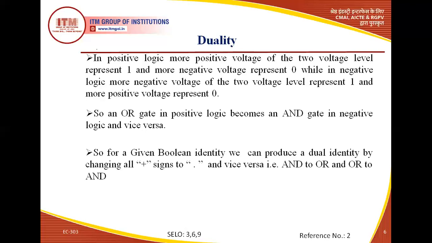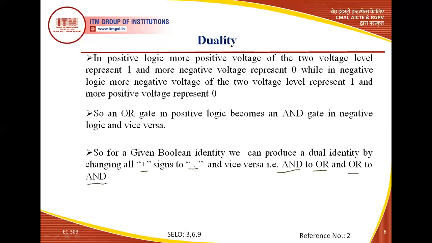So the duality property states that when we create the dual function of a given Boolean function, the plus operator will be changed to the dot operator, and the AND gate will be replaced by the OR gate, and the OR logic will be replaced by AND logic.